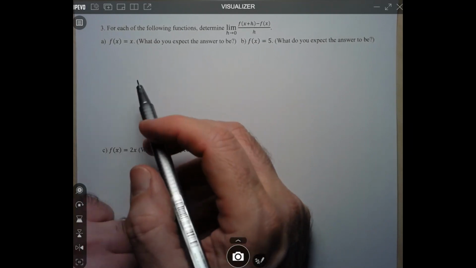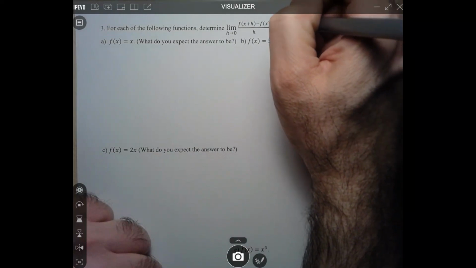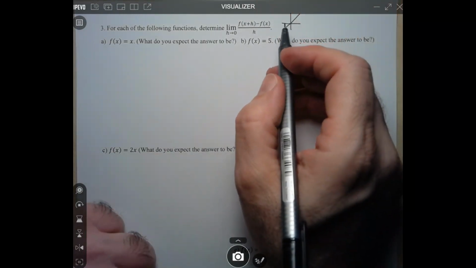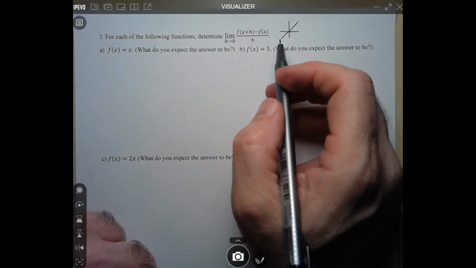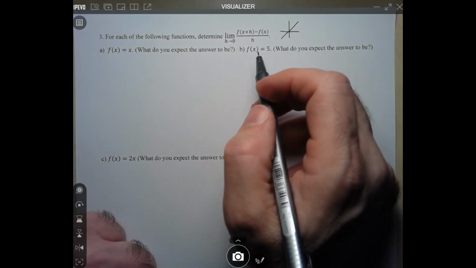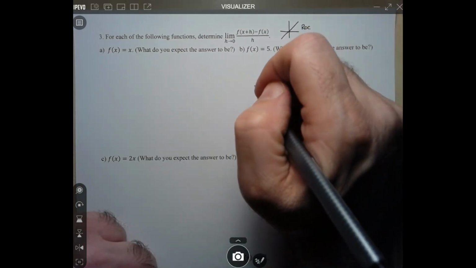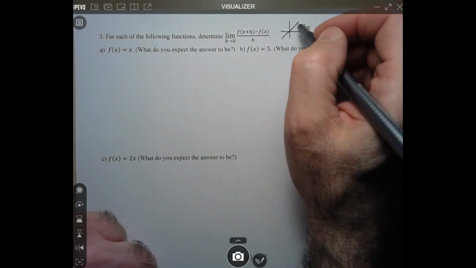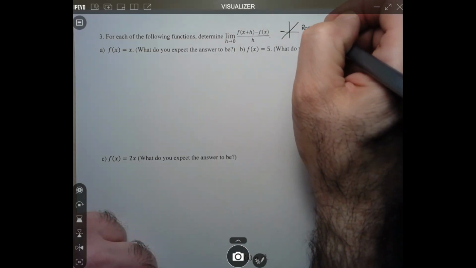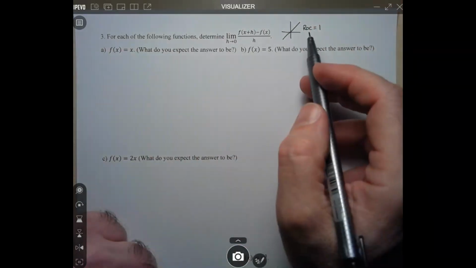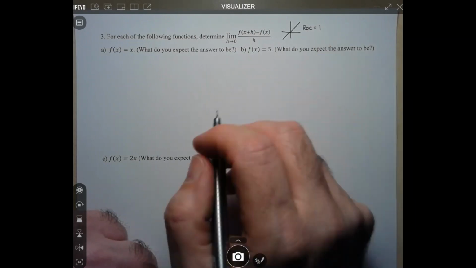So let's think of the function y equals x. We know what the rate of change is at every point because it's a linear function, and the rate of change is given by the slope, and the slope is constant. So whatever function I come up with should just be the function y equals 1.